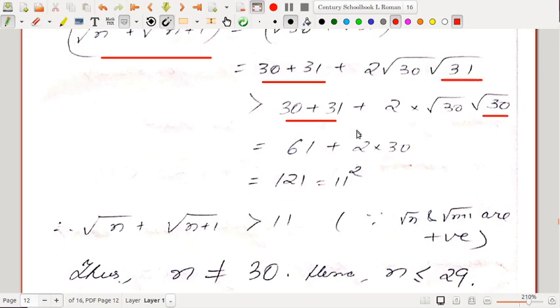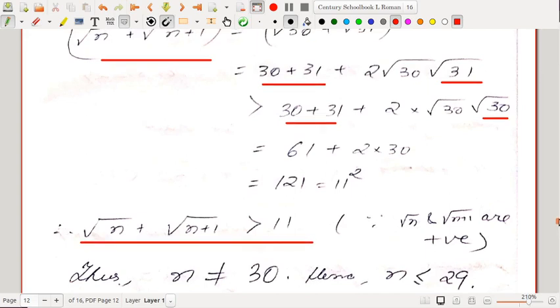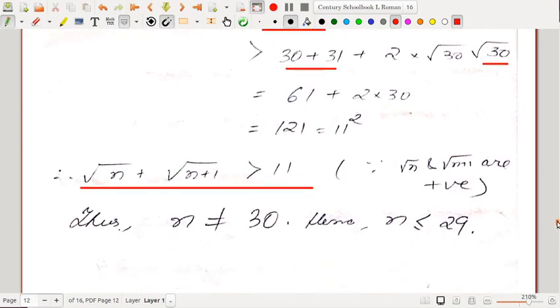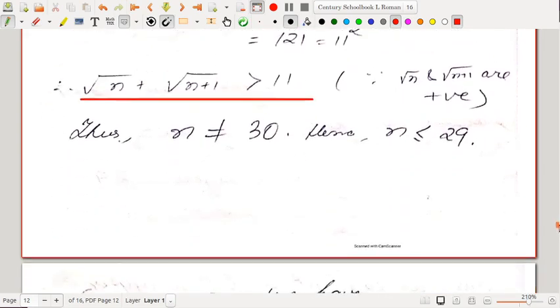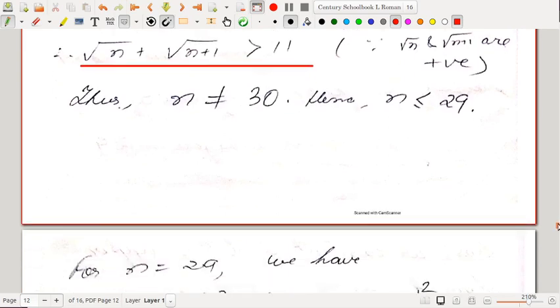So the sum whole square is greater than 121, which is 11 square. That means root n plus root n plus 1 is strictly greater than 11. So n cannot be 30. So n has to be less than 30. That means n is less than or equal to 29.